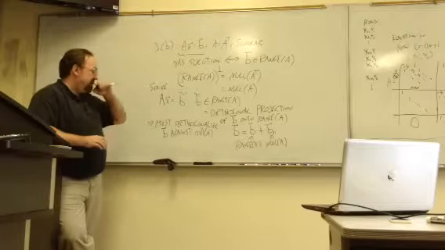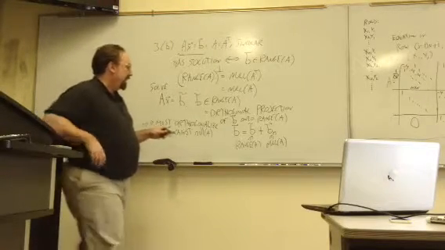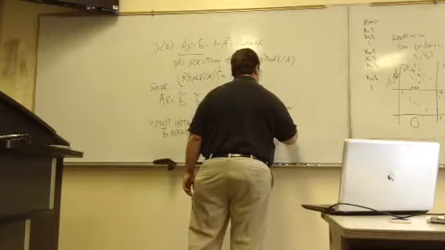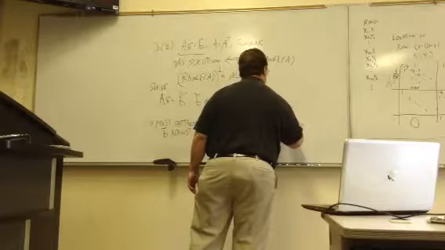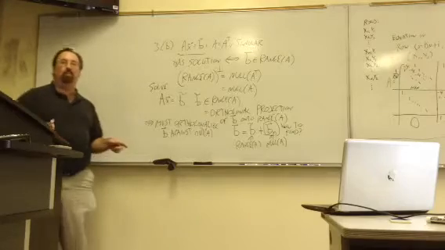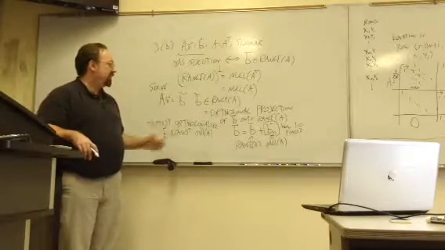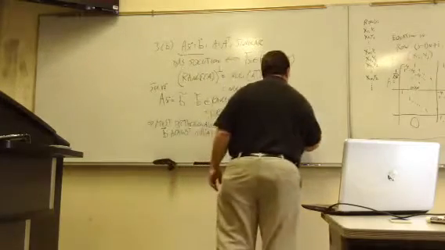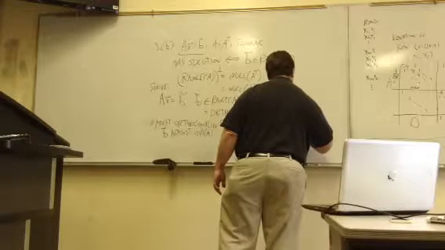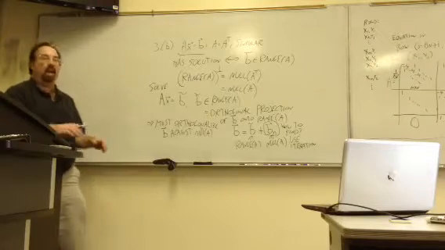So the challenge is, how do you find this when you don't know the null space of A? And the key to this question is to use your iterative method.